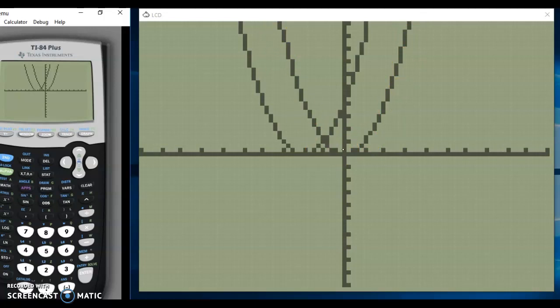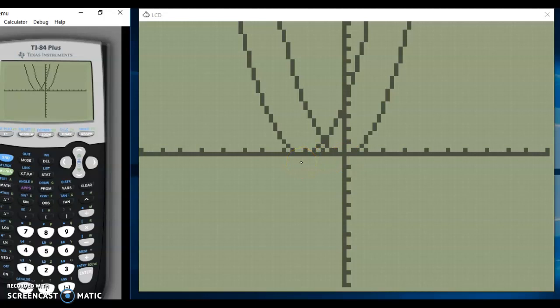It's just going to change location. So the positioning of the vertex is going to decide where this graph lies in the coordinate plane. It doesn't have to be just right around here. It can be way over here to the right somewhere, or to the bottom left. It doesn't make any difference. These graphs move all over the coordinate plane, and it's all depending on where the vertex is.